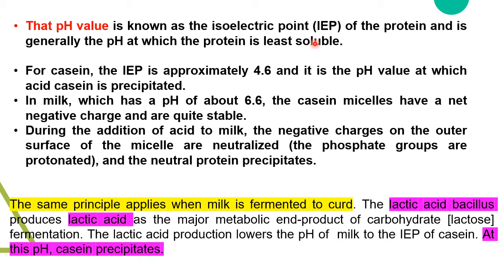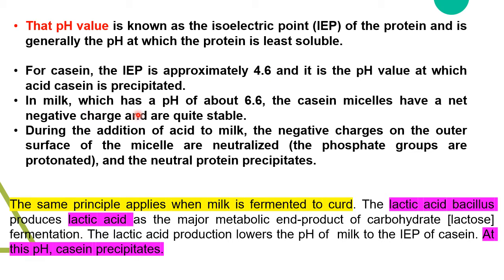For casein, the isoelectric point is approximately 4.6, and it is the pH value at which the acid casein is precipitated. Okay, you got my point? The isoelectric point is the pH value where the protein is least soluble, which means it can be precipitated.